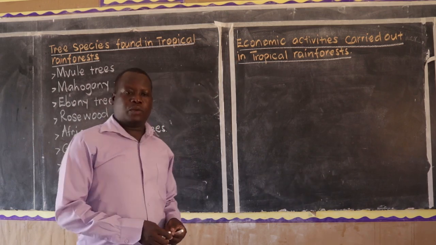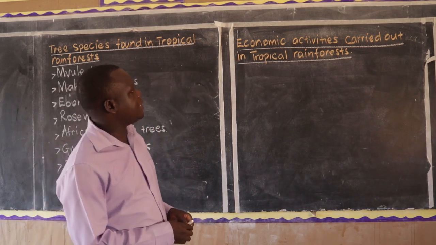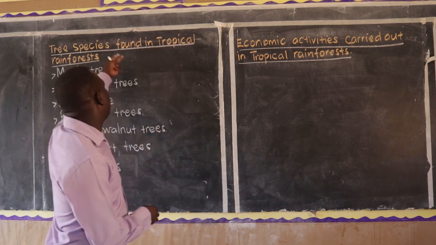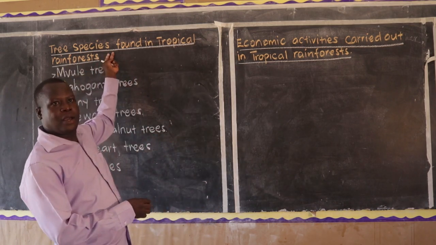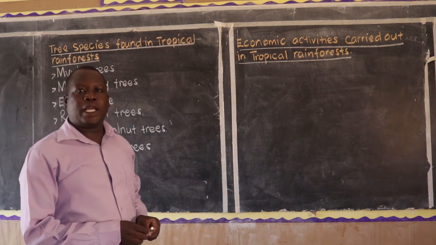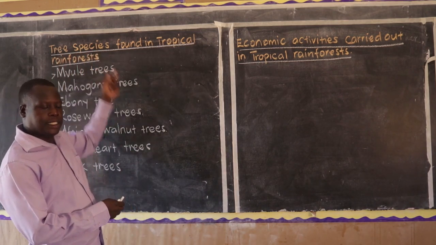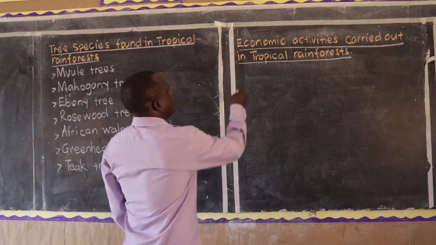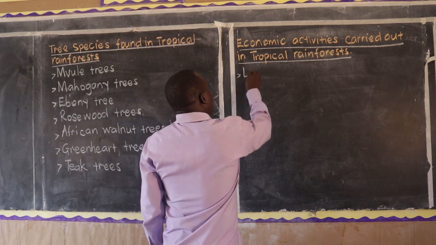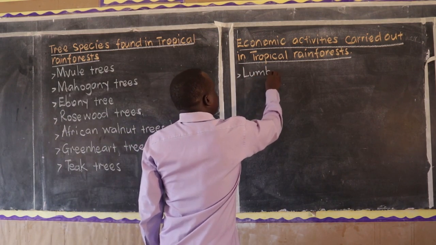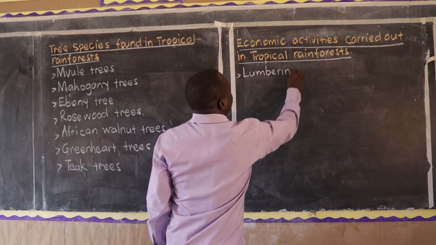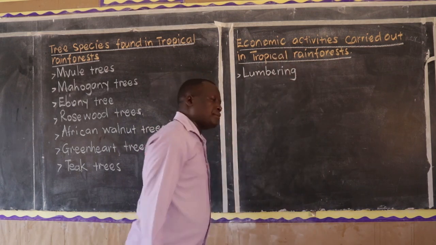Looking at this, we said that the place has many tree species, as we have seen from here. What economic activity do you expect to be promoted by these many tree species? And one of them is lumbering. And this is the major economic activity, lumbering.